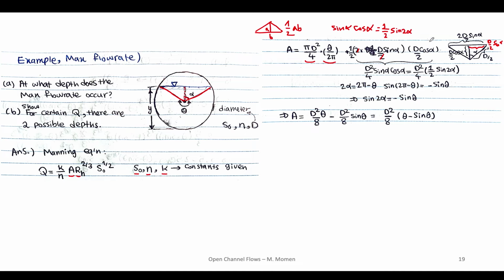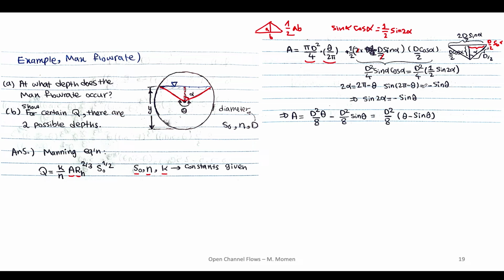Okay, so I just write it down here. Sine alpha cosine alpha is 1/2 sine 2 alpha, and I know that 2 alpha, which is here, is 2 pi minus theta, right? So 2 alpha is 2 pi minus theta, and the other trigonometry relation is sine of 2 pi minus theta equals minus sine theta.